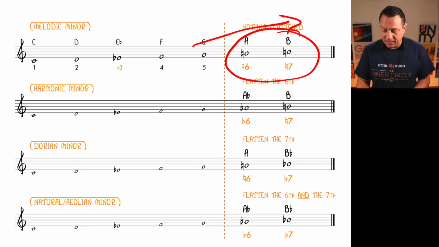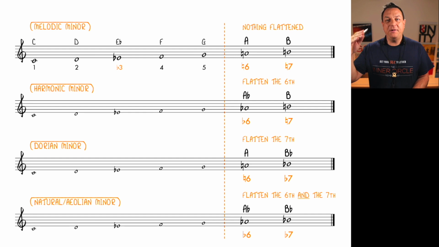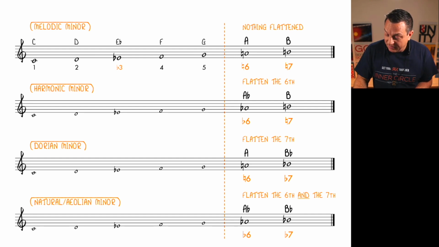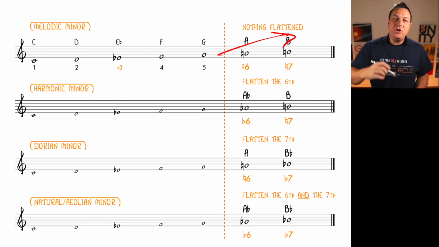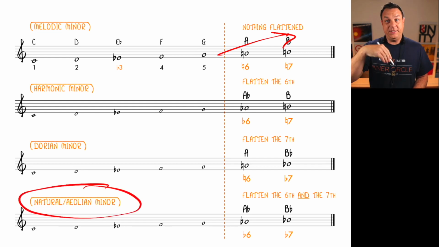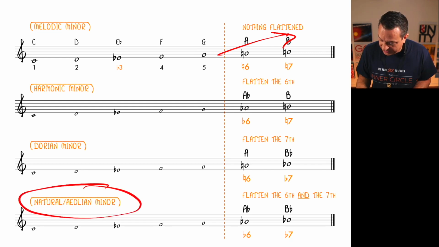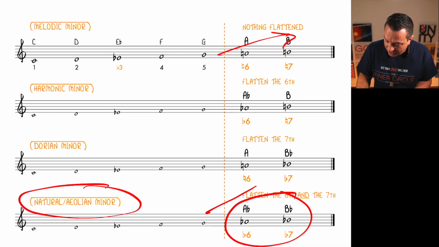And in classical music, when you practice your scales, you actually go up the melodic minor scale, because these natural sixth and natural seventh give you a nice smooth route up to your tonic. And then you use the natural minor to come down. Now that's got the flattened sixth and the flattened seventh. And what the flattened sixth and the flattened seventh does is it gives you a smooth path down to your dominant note.